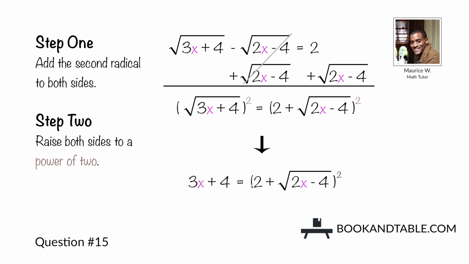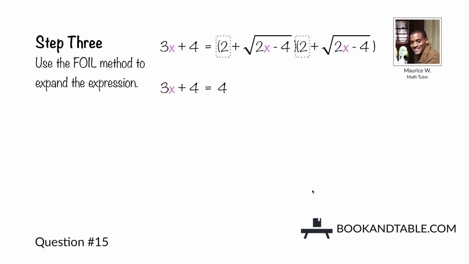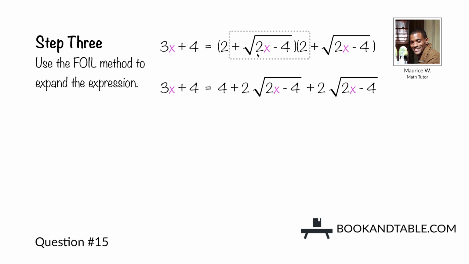For step 3, we'll use the FOIL method to expand this expression. 2 times 2 is equal to 4. 2 times the square root of 2x minus 4 is 2 times the square root of 2x minus 4. The square root of 2x minus 4 times 2 again gives us 2 radical 2x minus 4.